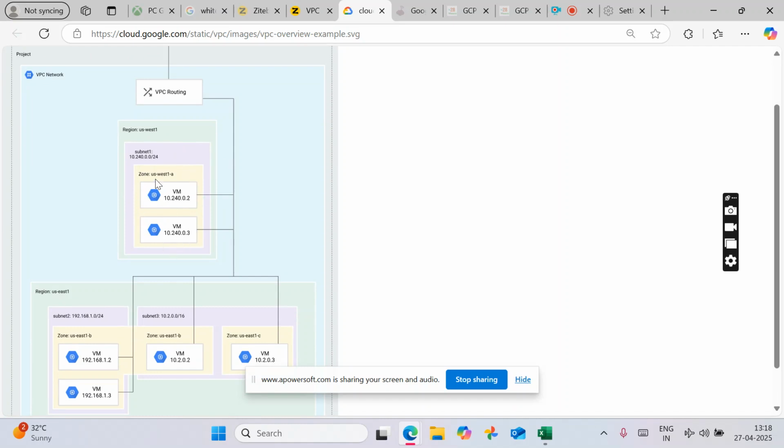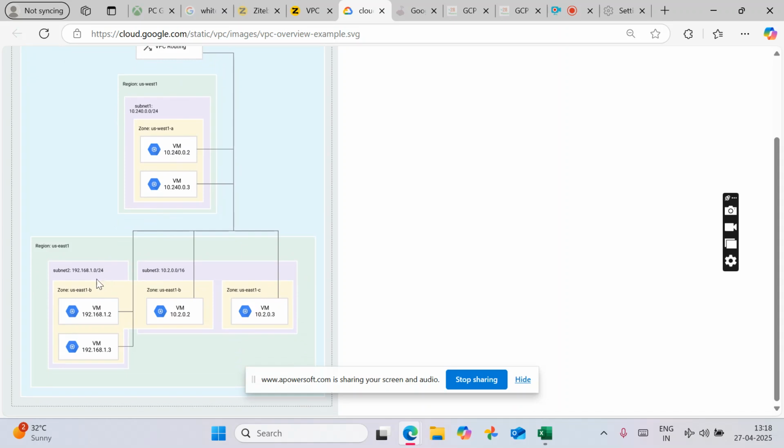This particular region, US West 1, has a zone and it has two VMs, and each VM has its own IP address. And the same VPC routing routes to another region where you can see two subnets having three zones. Each zone is considered a physical data center.